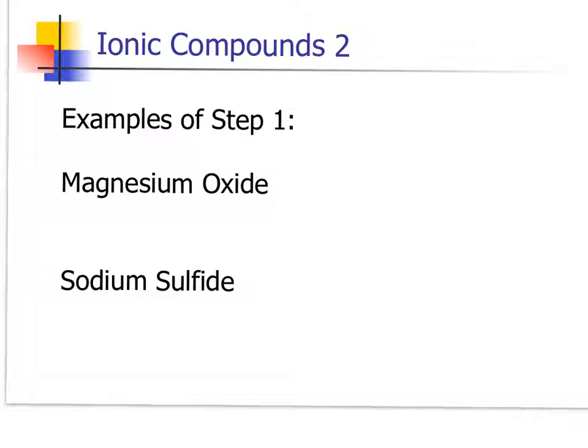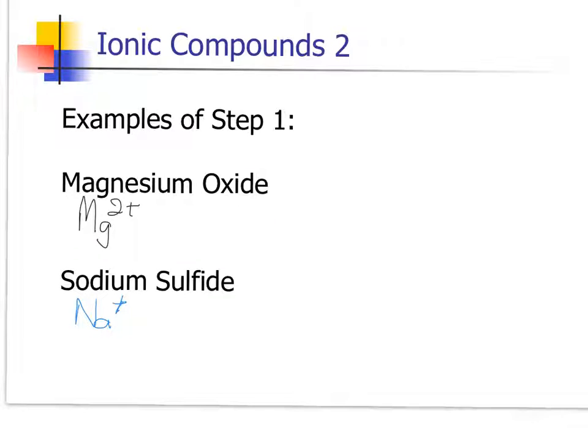So, examples of the first step should be pretty easy. Write the formula for the cation. Magnesium is written as Mg with a 2+. Sodium is written Na with a plus.